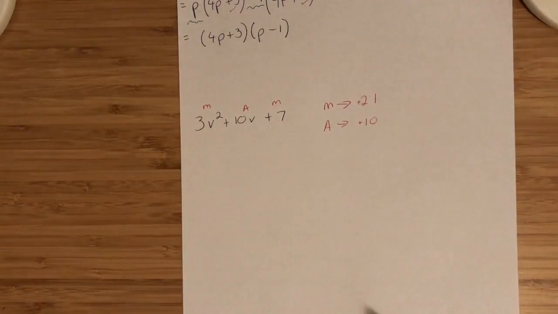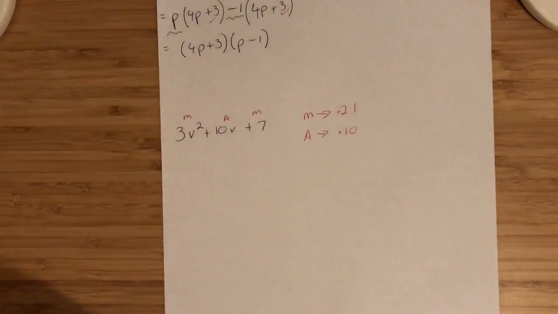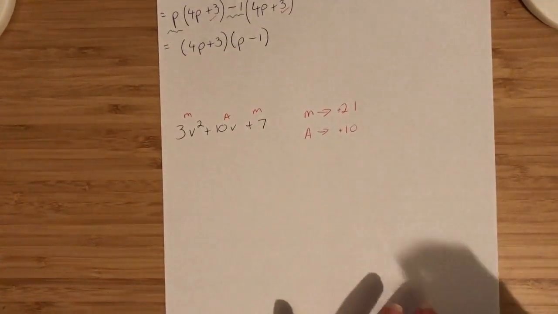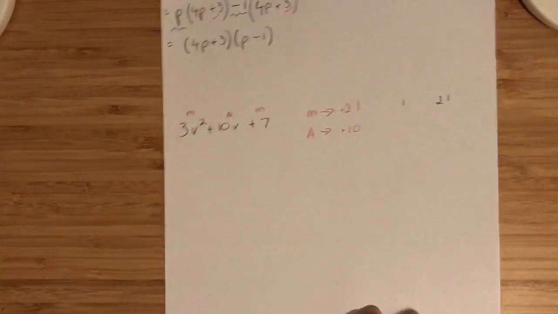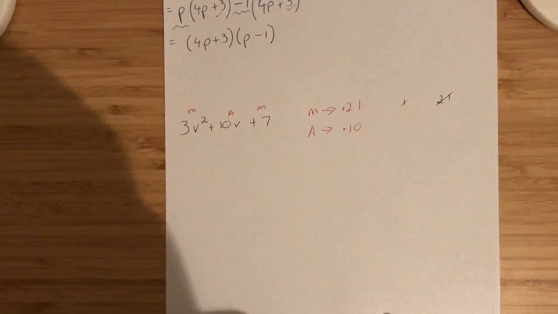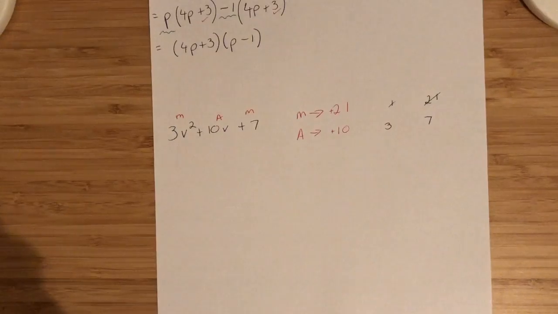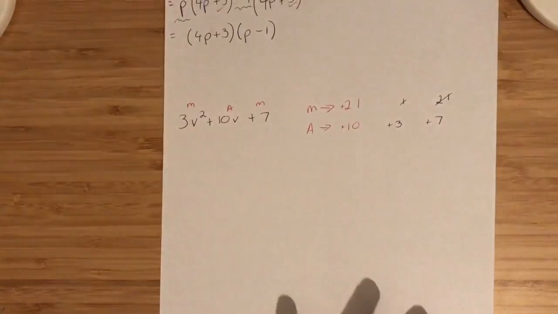We're going to add to 10. If you see them straight away, absolutely no problem, just go straight into what the factors are. If not, it's always good to just go through them in order to help you not miss any. So 1 and 21, if we add them together, do we get 10? No, we don't. 3 and 7. 3 times 7 is 21. 3 plus 7 is 10. So we've got plus 3 and plus 7.